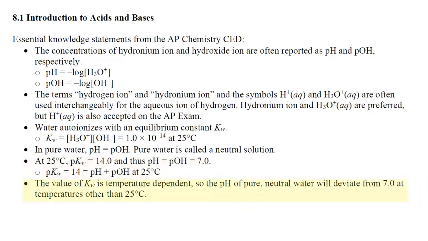And then finally, the value of Kw, the equilibrium constant for the autoionization of water, is temperature dependent. So the pH of pure, neutral water will deviate from 7.0 at temperatures other than 25 degrees Celsius.